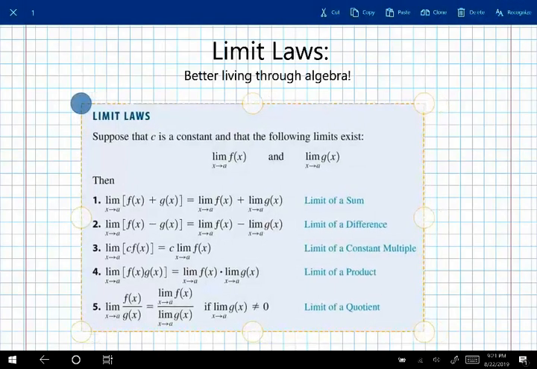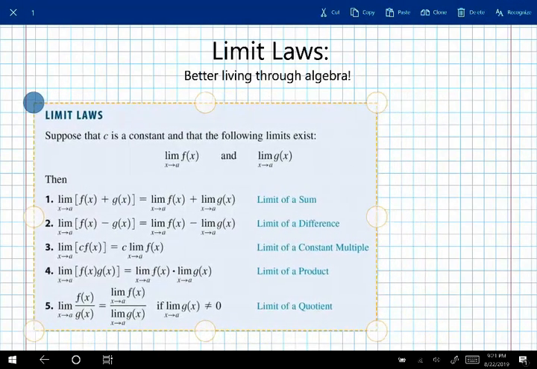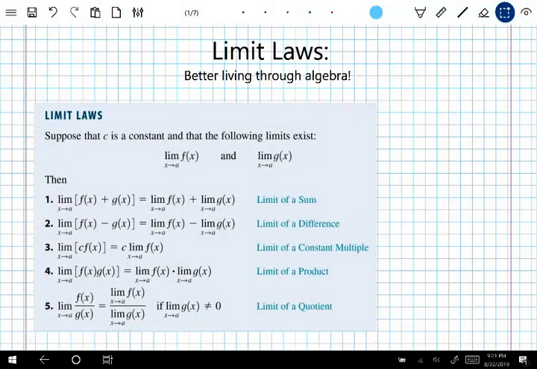But as a little bit of motivation, just think for a second about something like learning how to square things. If I have numbers like 2 plus 3 and I square them, this is most definitely not equal to 2 squared plus 3 squared.